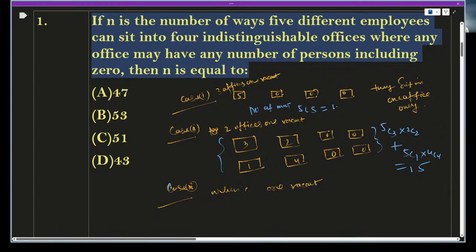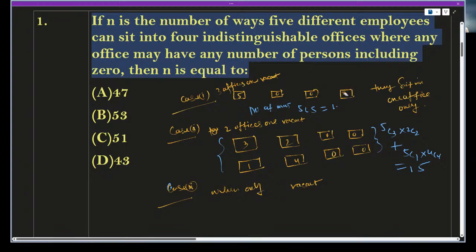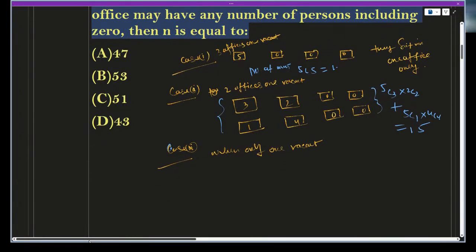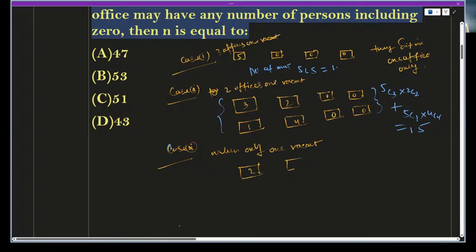When only 1 is vacant, how many cases will there be? Then only 1 vacant: 2, 1 and 0. Do you find any other case?